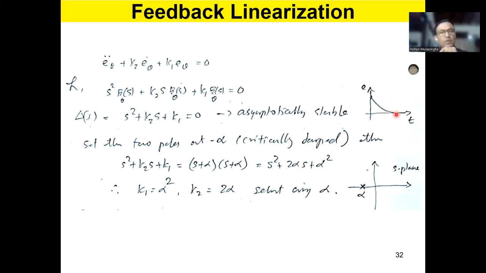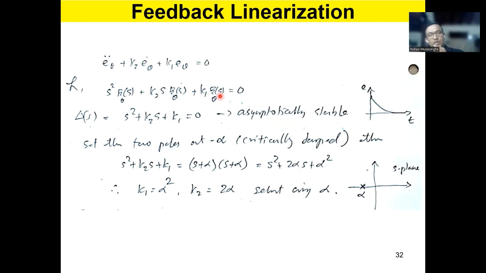Well, what you need to do is to adjust K1 and K2 appropriately. For that, you take the Laplace transform of this equation, then it becomes s squared E(s) theta, plus K2 s E(s) theta, plus K1 E(s) theta.